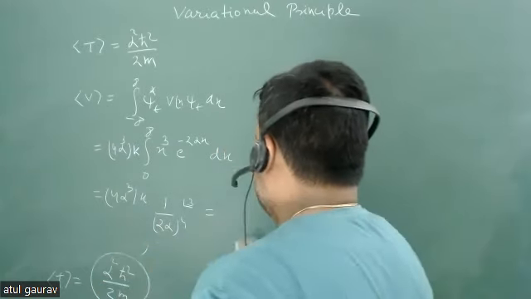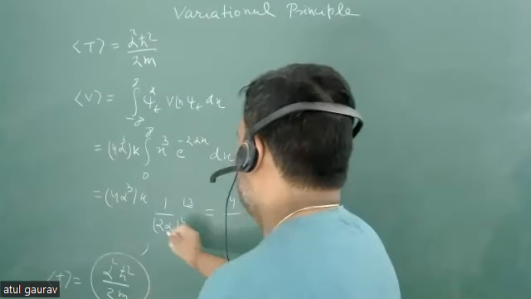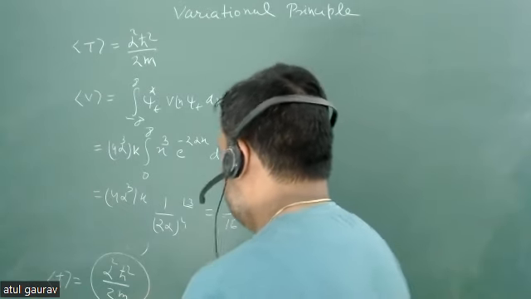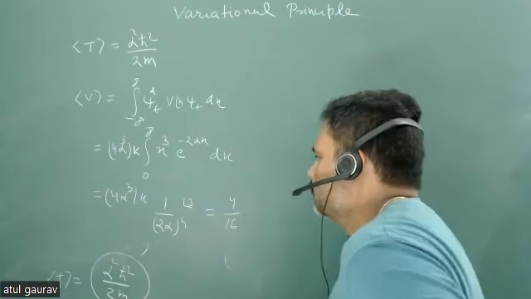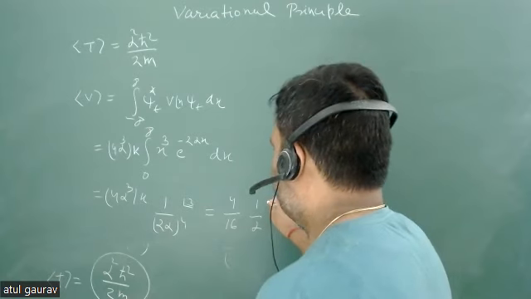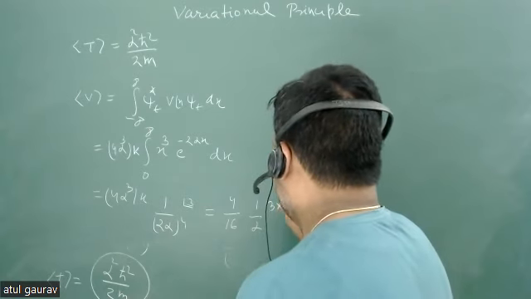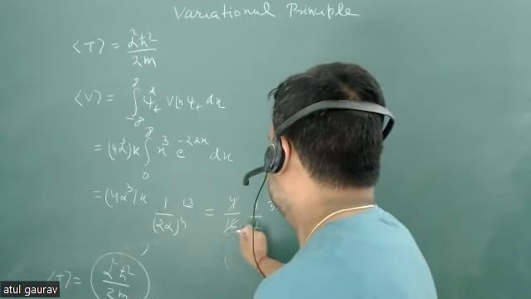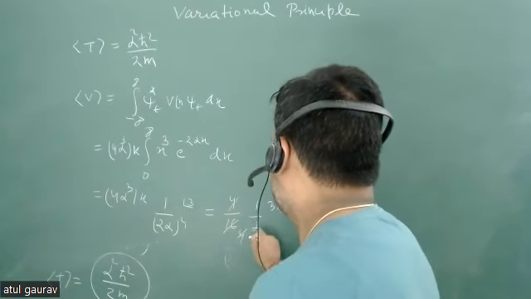And then try to calculate this one. So here is 4 upon 16, isn't it? 4 upon 16, 1 upon alpha, factorial 3 is 3 into 2 into k. So 4 and 4, 2 and 2.